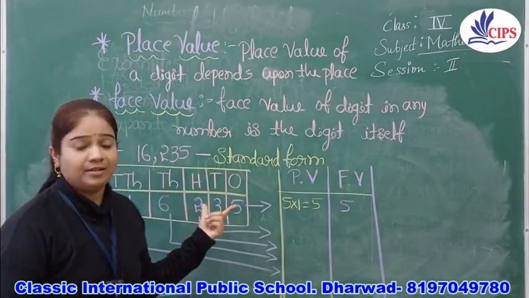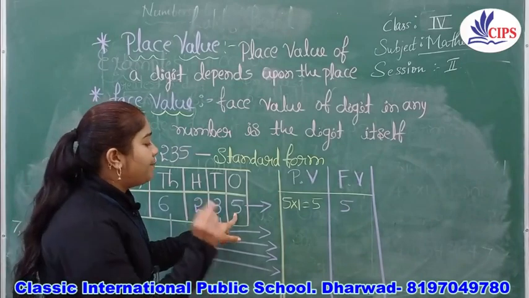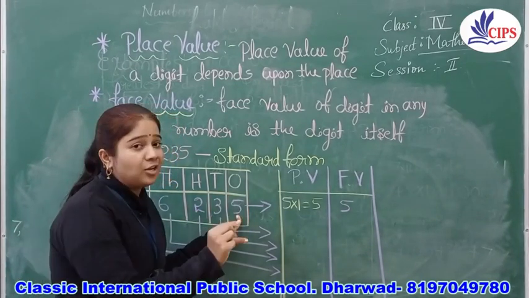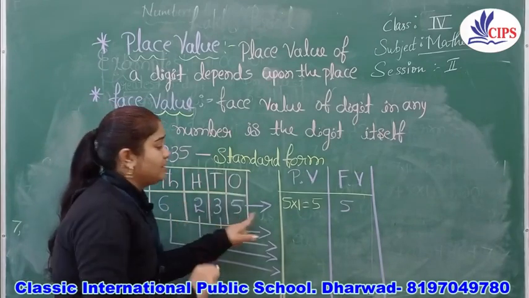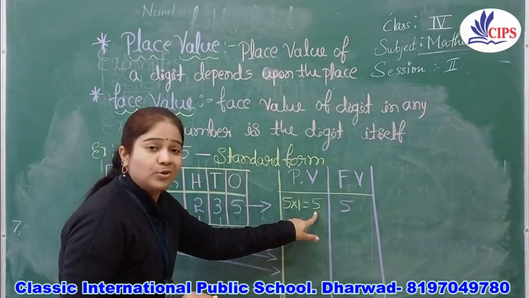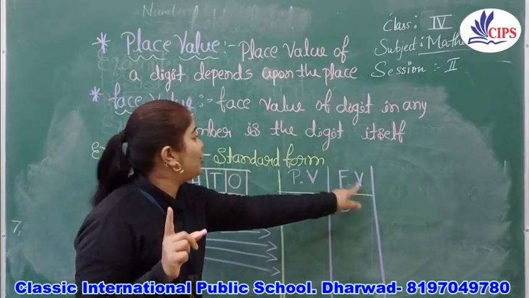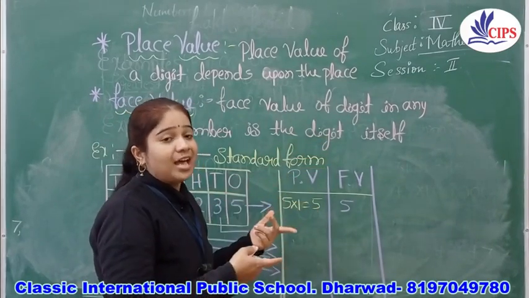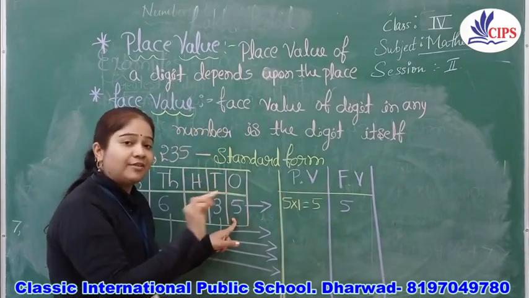What is the place value of 5? Place value means we look at its place. It's in the ones place, so 5 into 1 is equal to 5. And the face value is the digit itself, so the face value is 5 only.